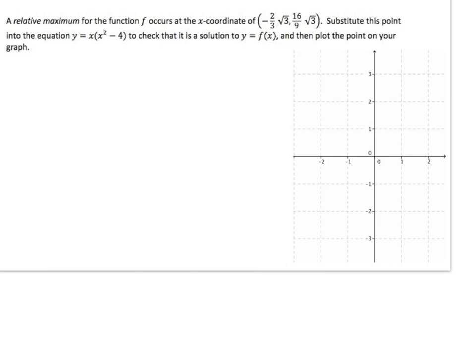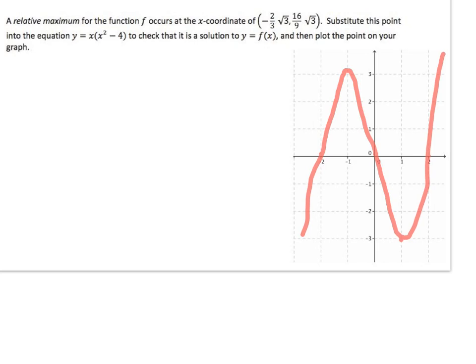All right, a relative maximum for the function f occurs at the coordinate given. Substitute this point into the equation y equals x squared minus 4 to check that it's a solution. So if I graph this again, what they're saying is relative maximums are, on your graph, the point that's the tallest. This would be a relative minimum.